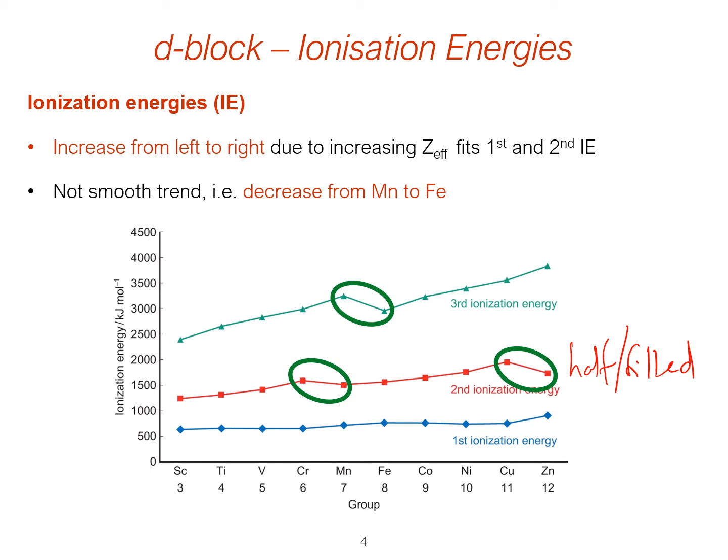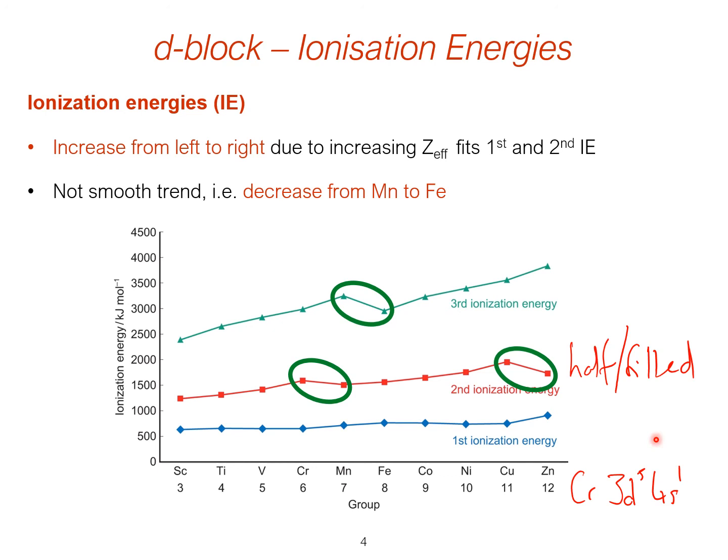So at this point, if we remember back to the first video, actually I can just write it down here, the electronic structure of chromium will then be 3d5 4s1, and for copper it's 3d10 4s1.